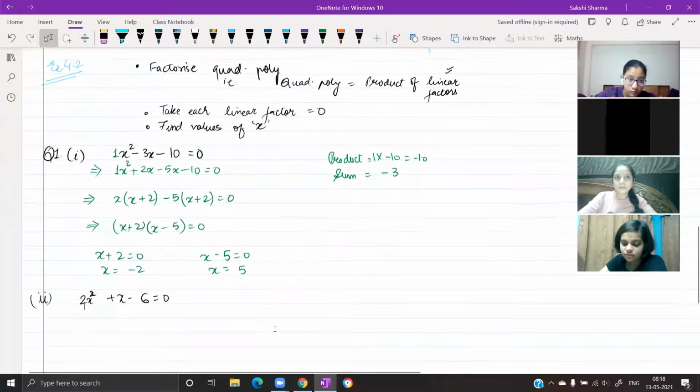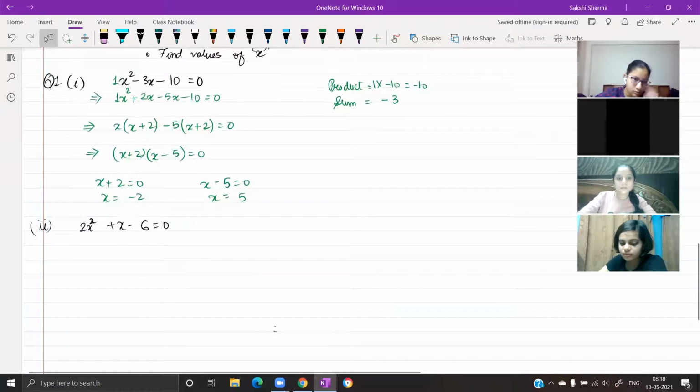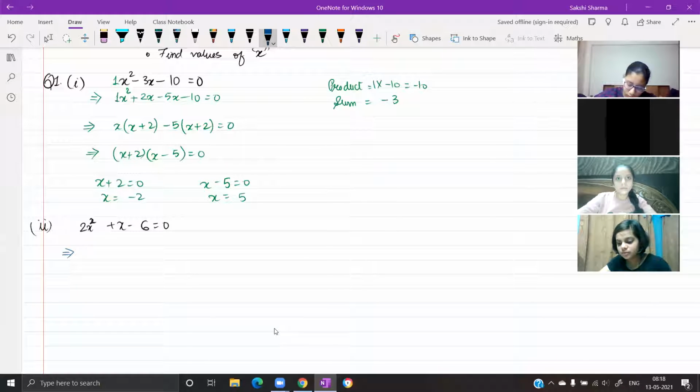Can you answer? How will you factorize this? Will you use identity or split the middle term?